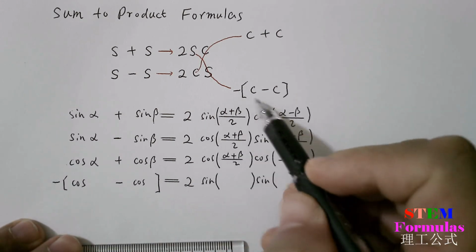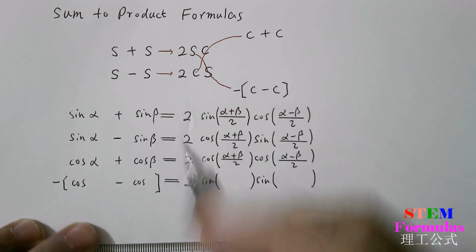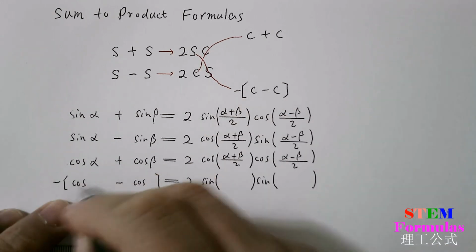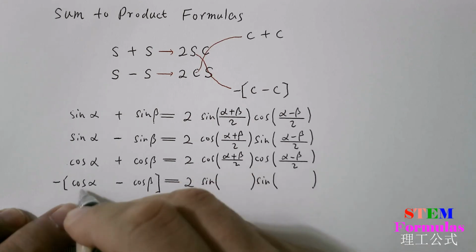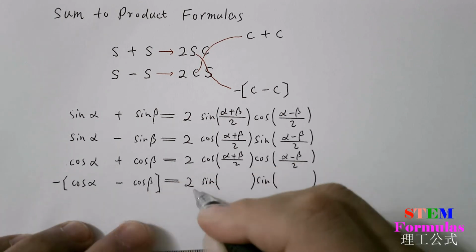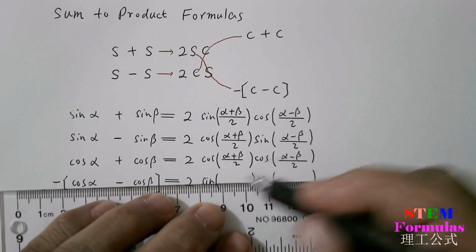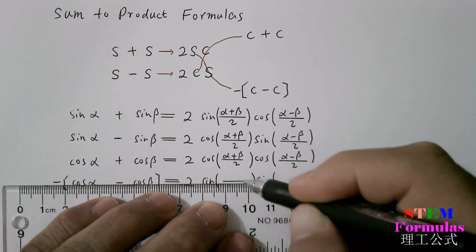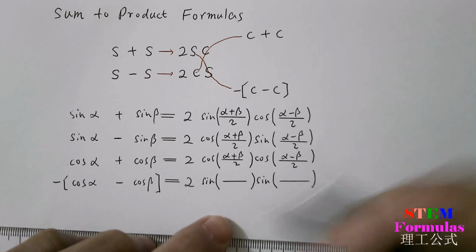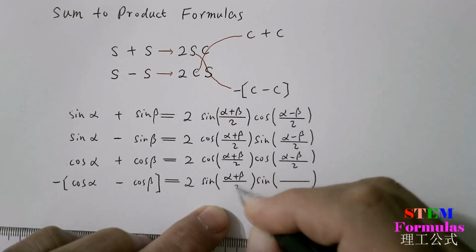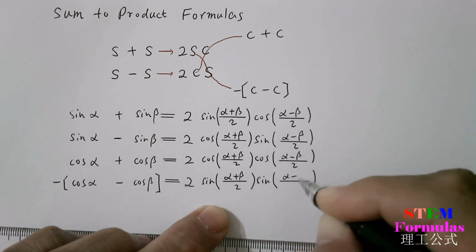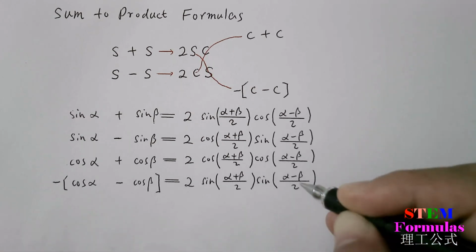And minus cosine, 2 sine sine, with a minus: cosine alpha minus cosine beta equal minus 2 times sine alpha plus beta divided by 2 sine alpha minus beta divided by 2.